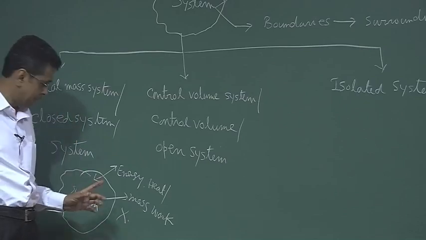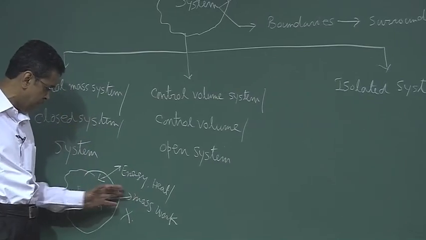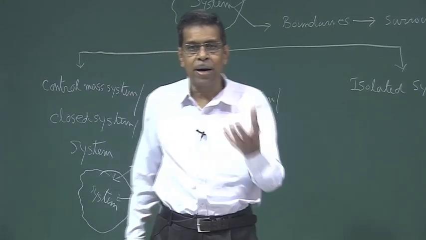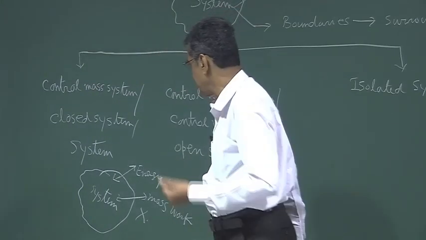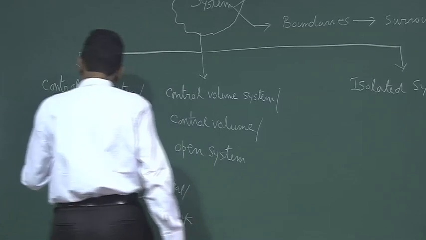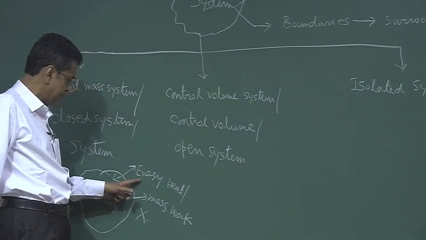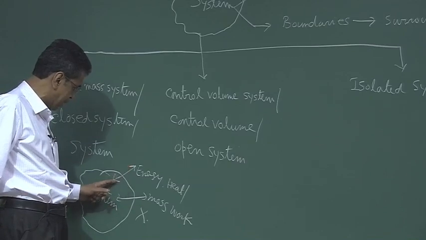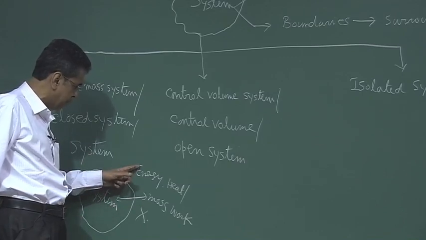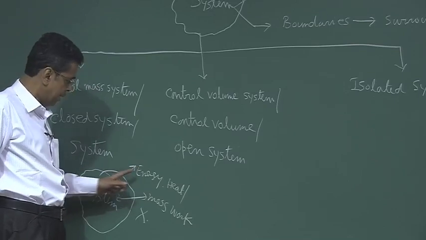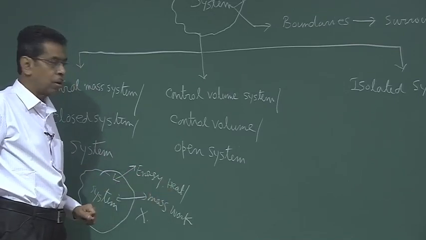That is very important. That means no mass is allowed to go out or allowed to come in. So, the mass remains the same and with the same identity. This is the very important feature of a closed system or control mass system, but it can interact with the surrounding in terms of energy and heat. These arrows in two directions mean the energy can go from the system, energy can come to the system from the surrounding, either in the form of heat or in the form of work.